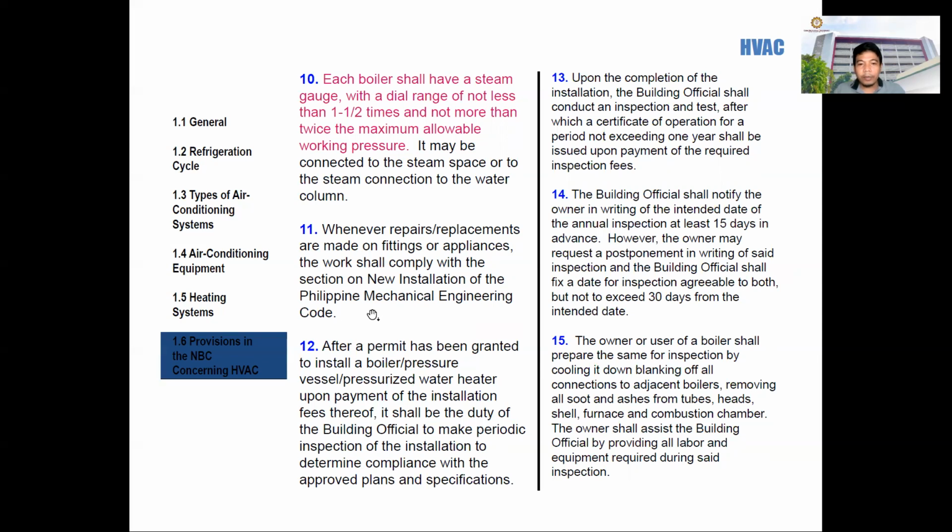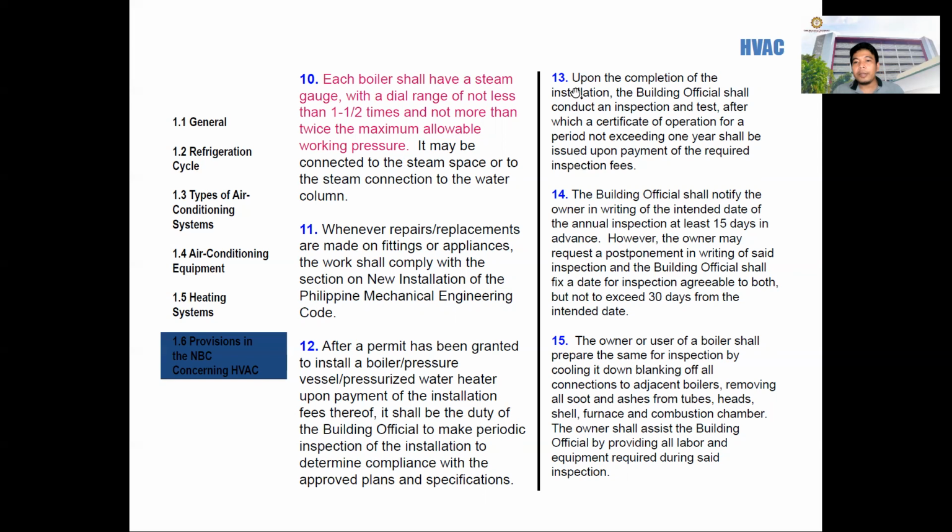And then number 12, after a permit has been granted to install a boiler, pressure vessel, or a pressurized water heater upon payment of the installation fees, it shall be the duty of the building official to make periodic inspection of the installation to determine compliance with the approved plans and specifications. So once the permit is granted, there should be an inspection periodically by the building official.